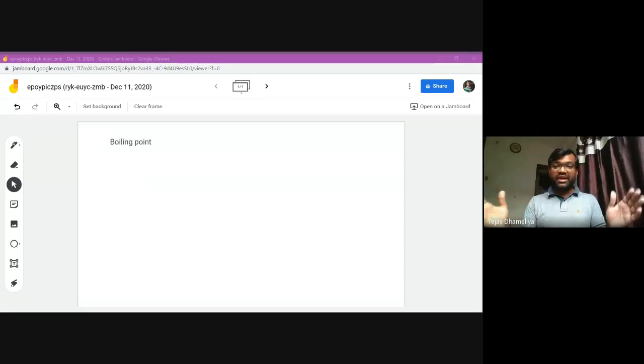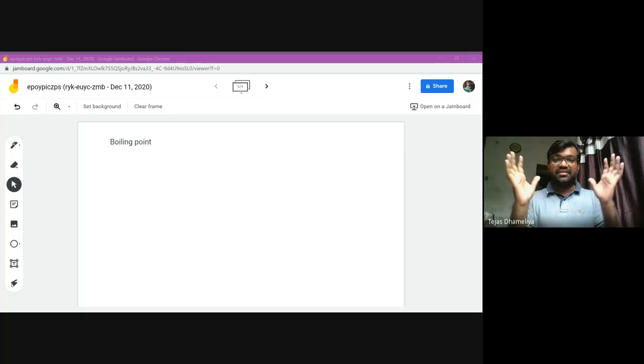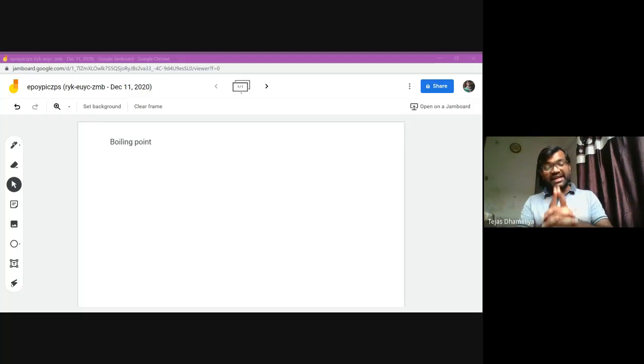And under the boiling, liquid water will get converted into the vapor form. And because of the high temperature, the solubility of tea granules will be higher in this tea which you are going to prepare.